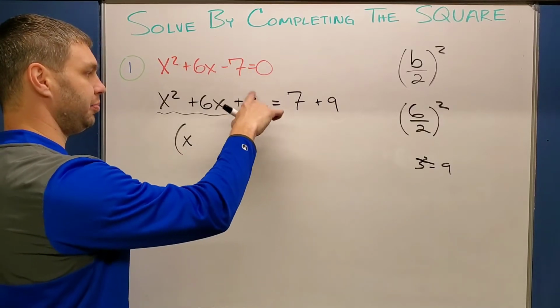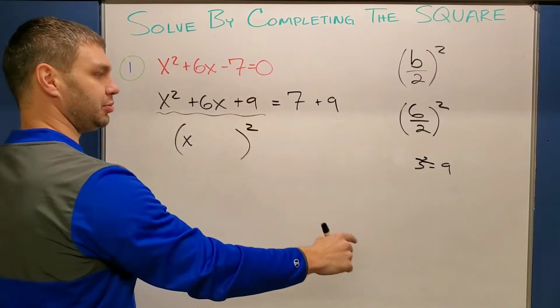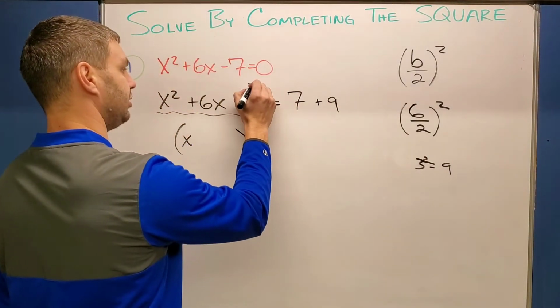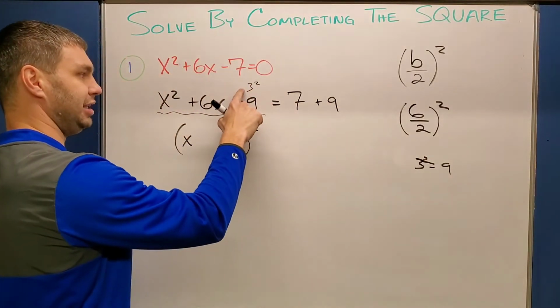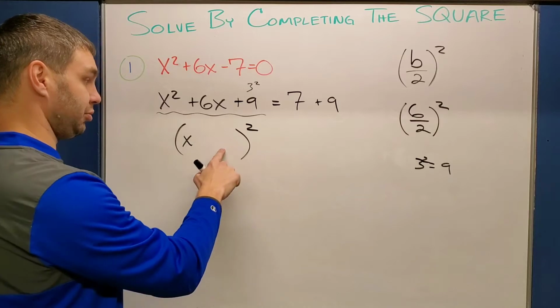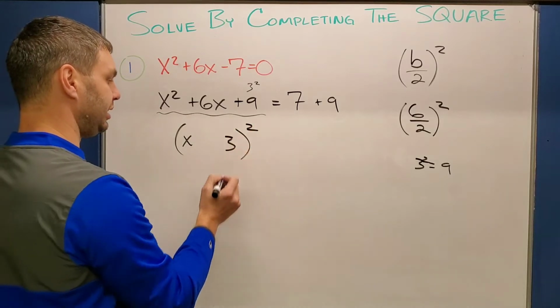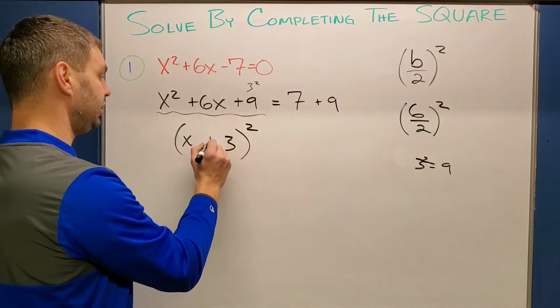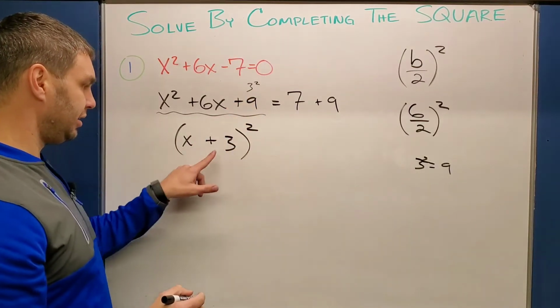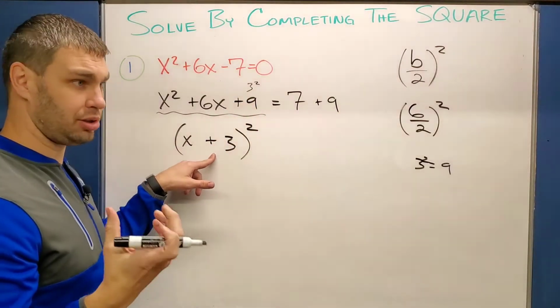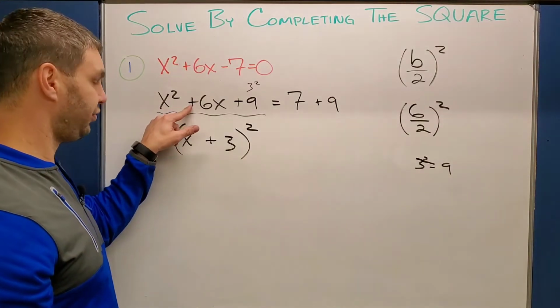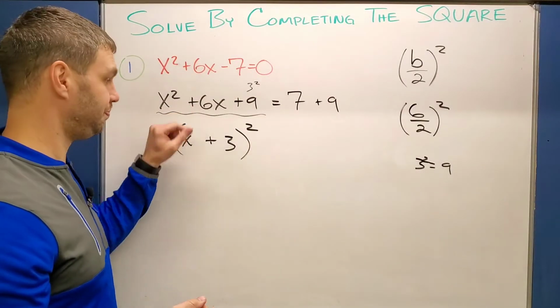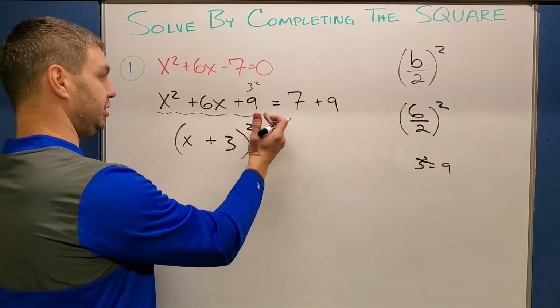And then the term that I added in, remember this was 3 squared? It's that number before you square it that we're going to place in that second spot in our binomial. It was also a positive, so we're going to put a positive. This sign comes from whatever sign is in front of that original b term. So we have x plus 3 quantity squared.